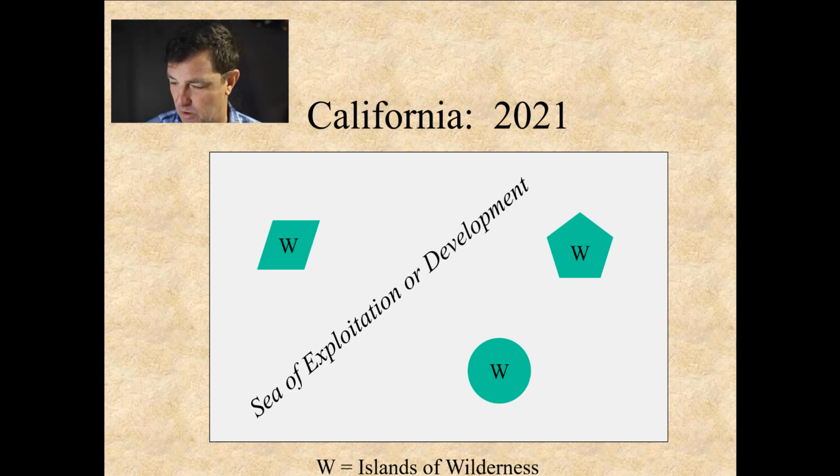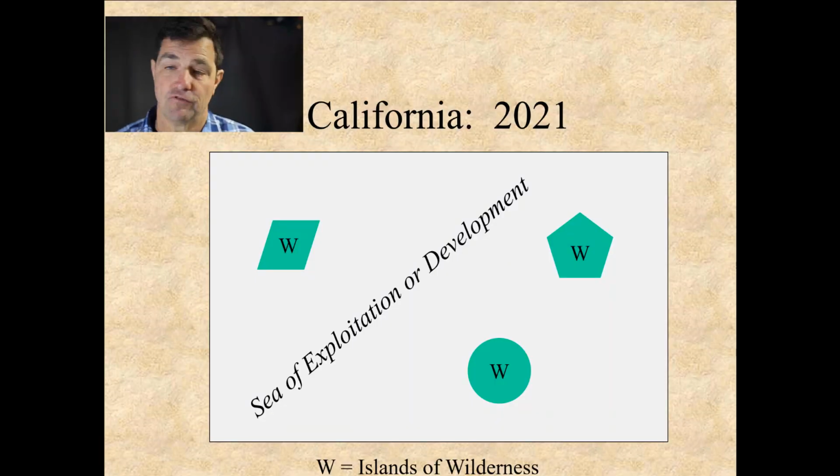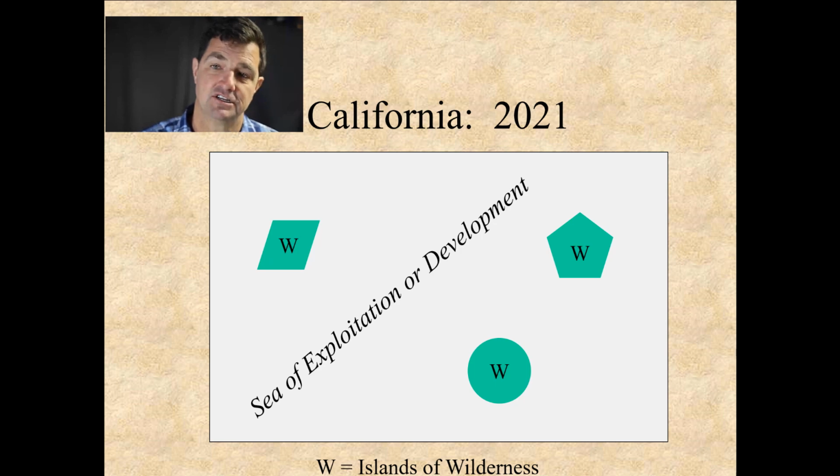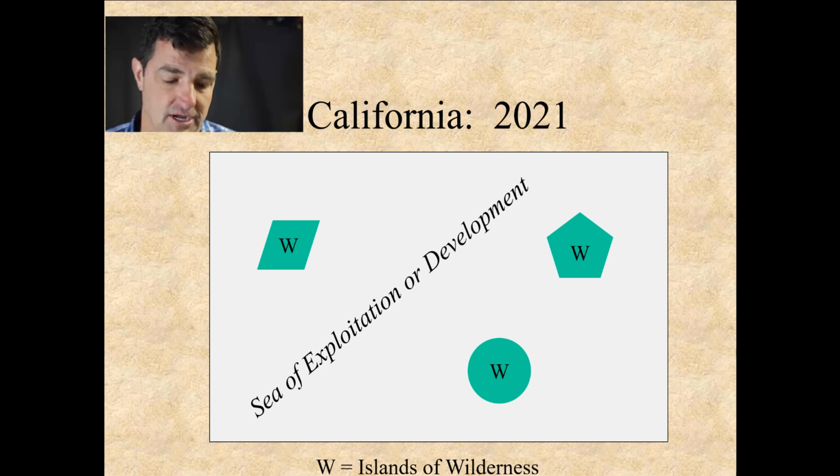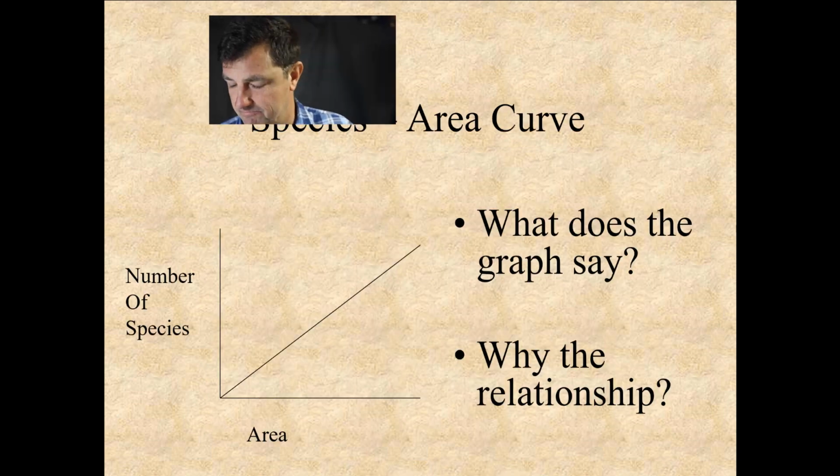And so that's what we're going to dive into today and why that might matter. So California, just in the last couple of hundred years, is a drastically different place for animals and plants and wildlife than it was 200 years ago.